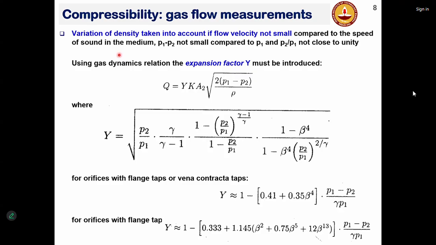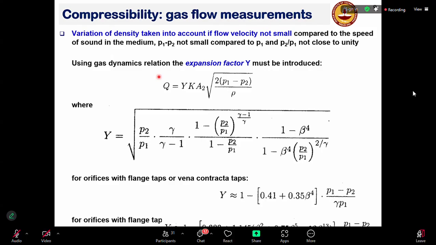This happens particularly when the P1 minus P2, that means the delta P that you measure across the orifice meter or venturi meter, is not small compared to the upstream pressure P1. The pressure difference is almost comparable to the pressure itself, and the P2 over P1 is very different from unity.